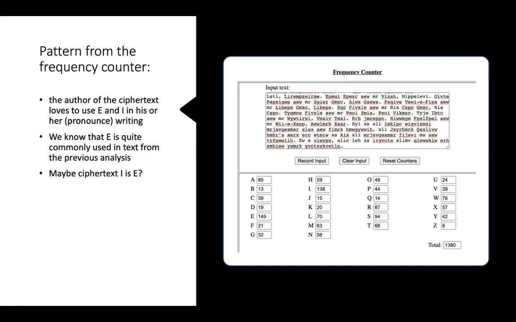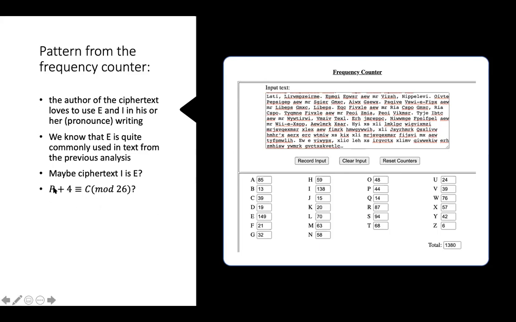But if the ciphertext E is the plain text E, then we can't read the whole thing. So that is not quite possible. So our second guess could be that the ciphertext I would actually be the plain text E. So this is our guess.